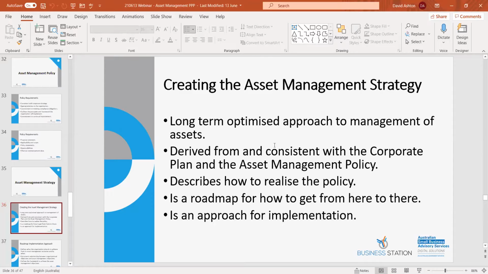What is the process that you're going to go through for maximising value? And it also outlines the approach that you're going to take to implement the asset management system. So, in terms of engagement with workers, management review, policy review, procedural review, use of outsourced labour, all the factors that go into managing the asset.